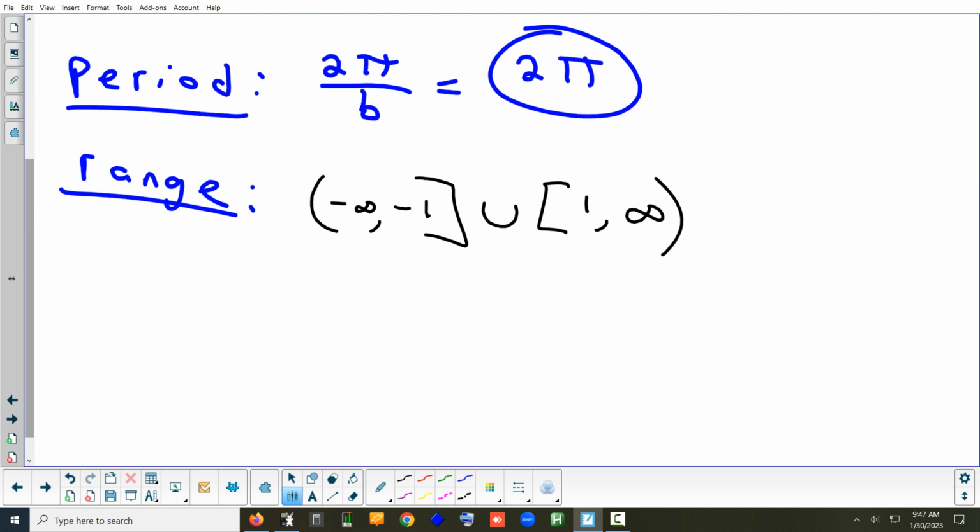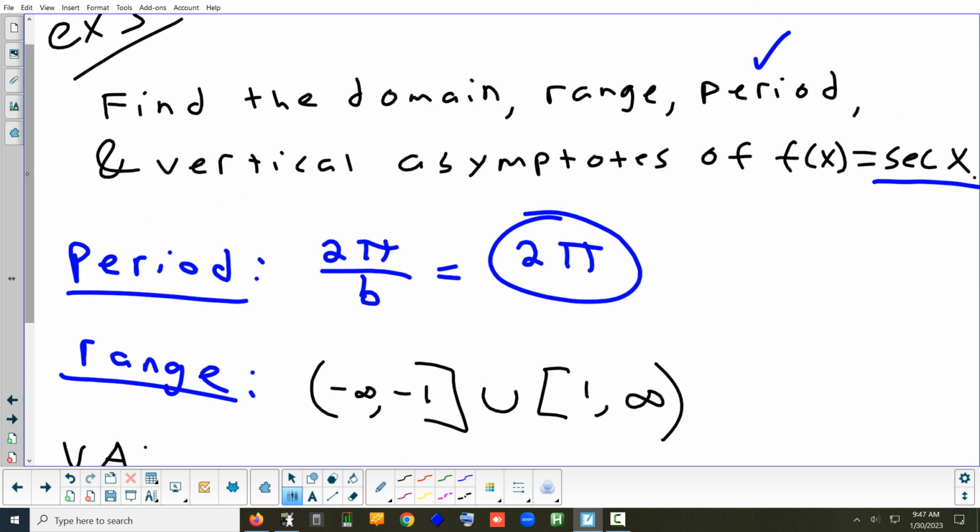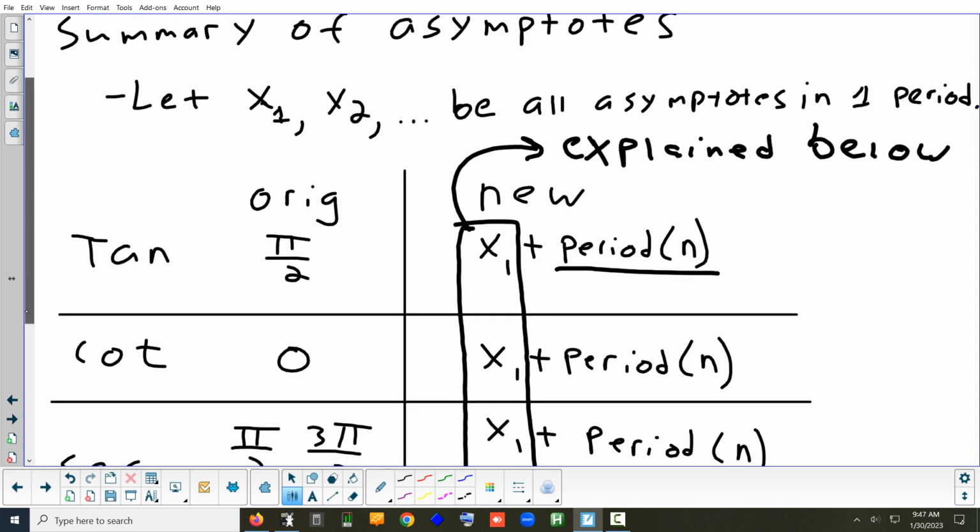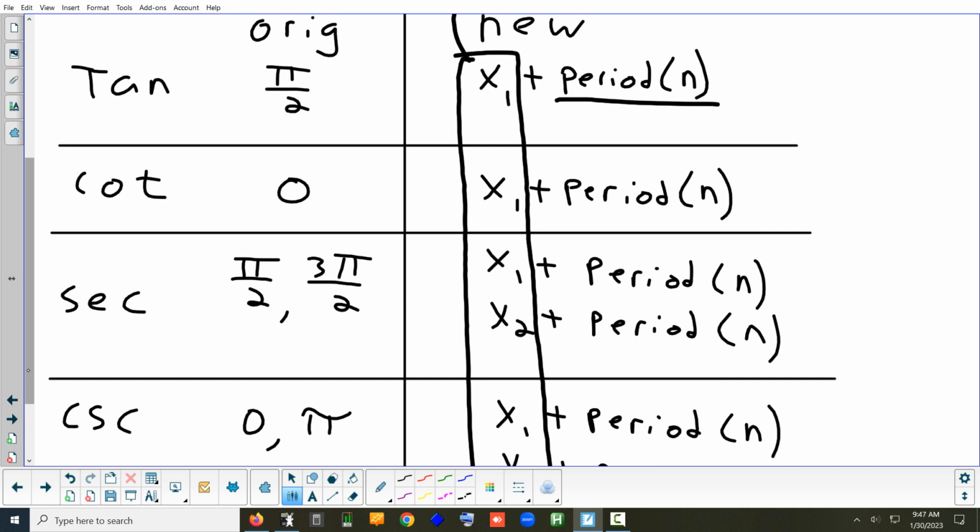Let's do the vertical asymptotes. So vertical asymptotes for secant. What I'm going to do is go back to my table, find secant. Those are the 2 vertical asymptotes for secant.